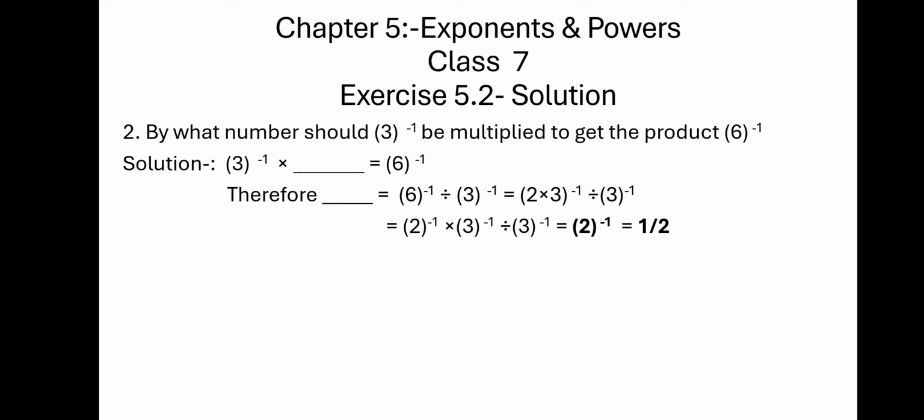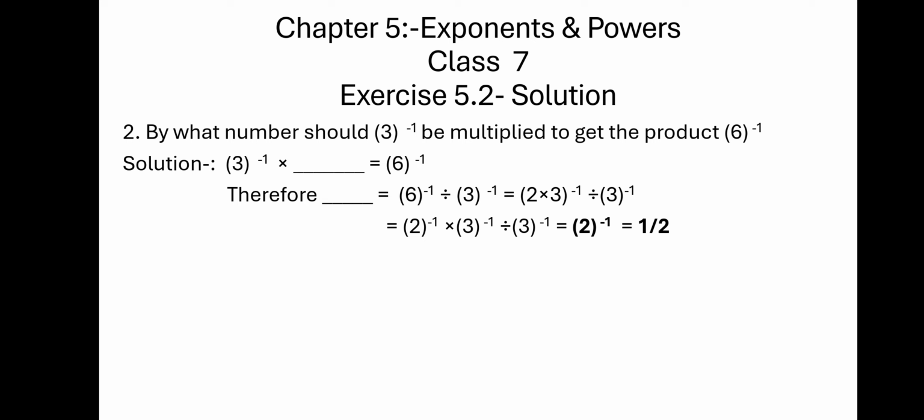According to the law of exponents, a into b whole raised to m will be equal to a raised to m into b raised to m. So this law is applied here. Divided by 3 raised to negative 1, that is 3 raised to negative 1 and 3 raised to negative 1 will get cancelled, and we'll get 2 raised to negative 1 as the answer.